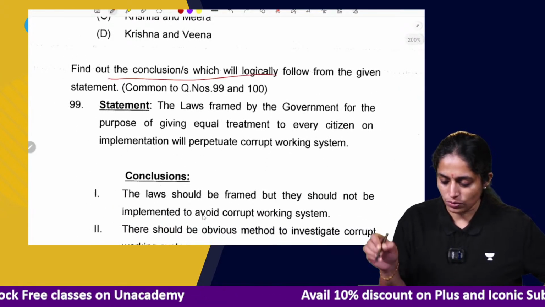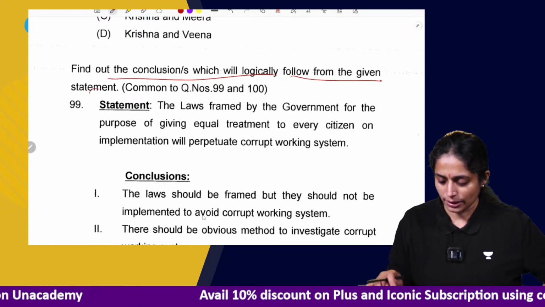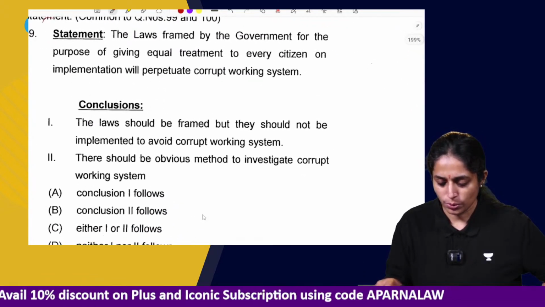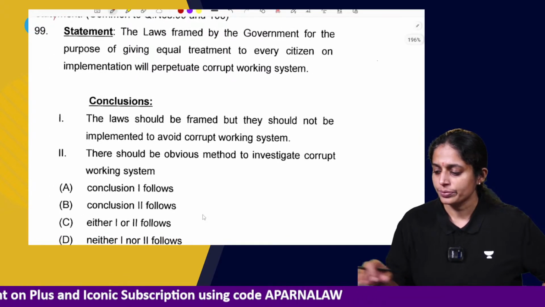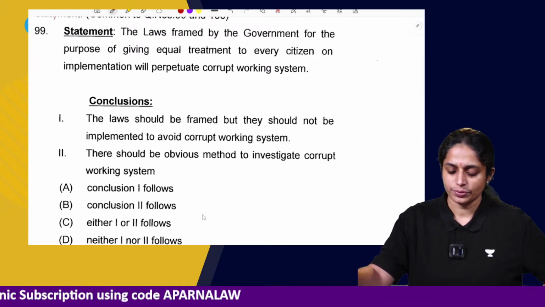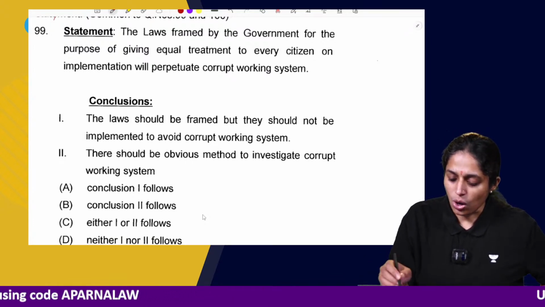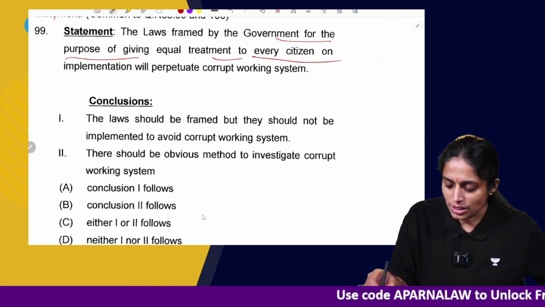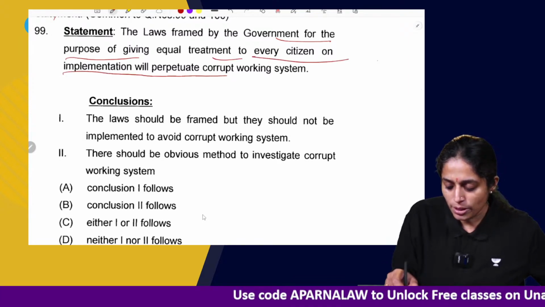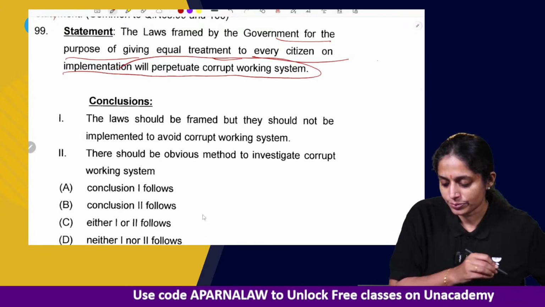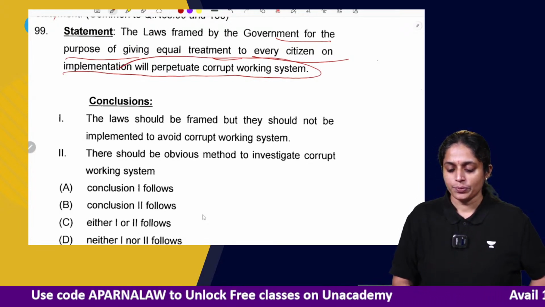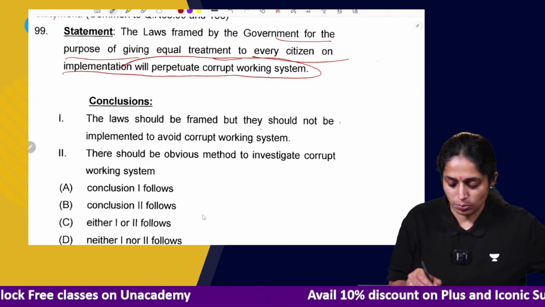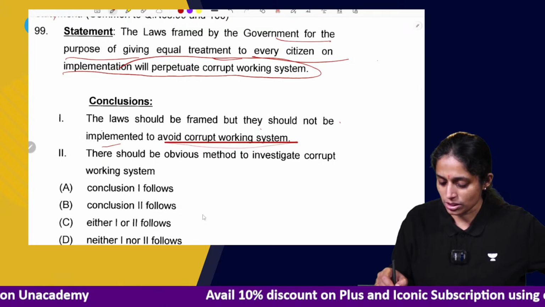Find out the conclusion which will logically follow from the given statement. Yes, I hope this is visible to you. The statement is, the laws framed by the government for the purpose of giving equal treatment to every citizen on implementation will perpetuate corrupt working system. Two conclusions are there. One, the law should be framed but they should not be implemented to avoid corrupt working system.